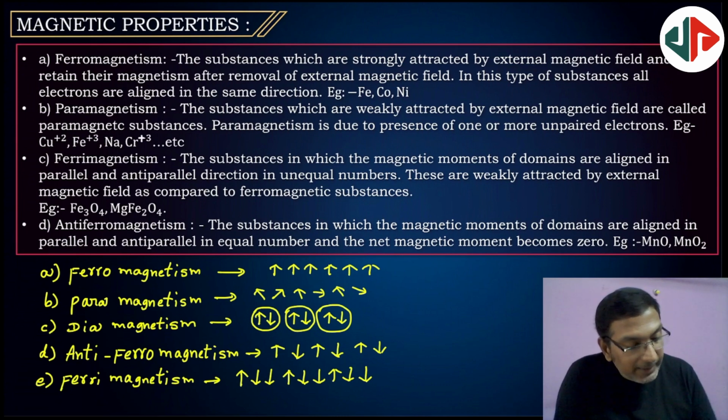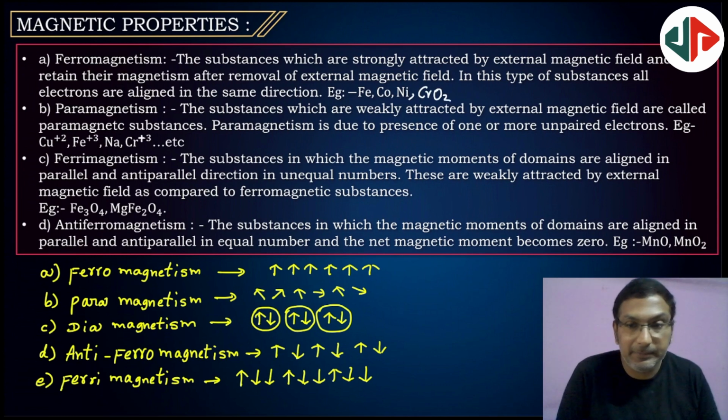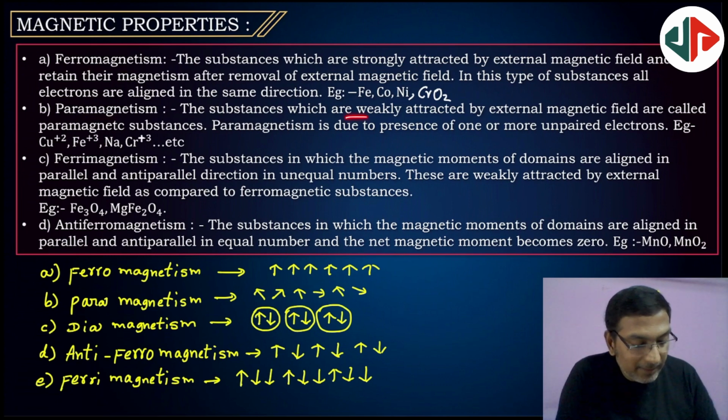So ferromagnetic materials means strongly attracted by external magnetic field. Iron, cobalt, nickel, best examples. One more, CrO2 is also a ferromagnetic material. Next, paramagnetism is due to unpaired electrons and these are weakly attracted by external magnetic field. So generally transition metal ions.